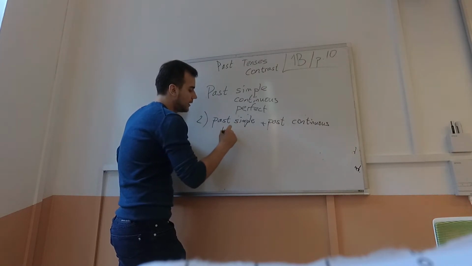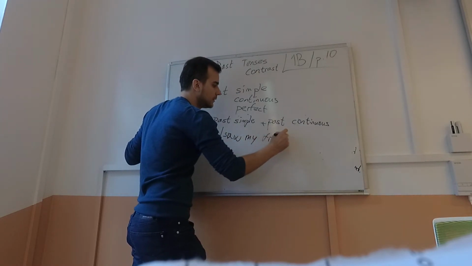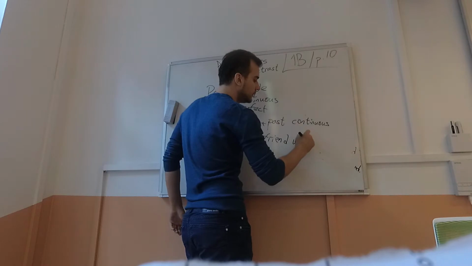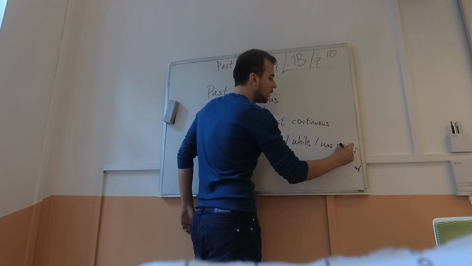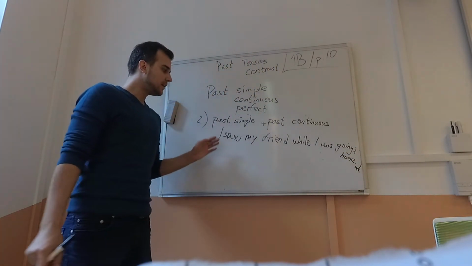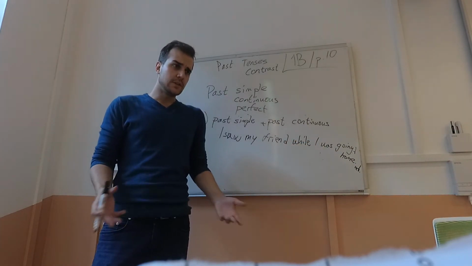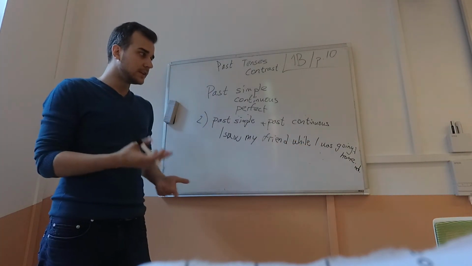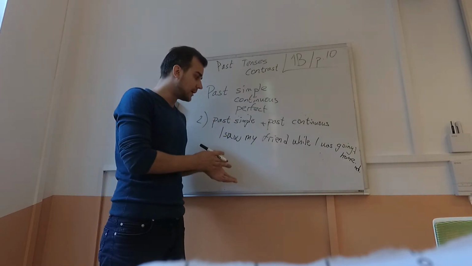I saw my friend while I was going home. Když si to přeložíme, uviděl jsem svého kamaráda, když jsem šel domů. In the Czech language, we don't really make a big difference if it's happening for a long time or a short time.